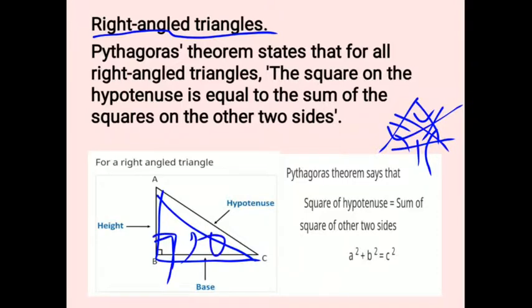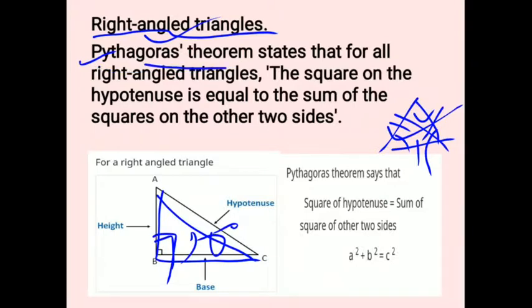Here it is 90 degrees. All right, so only in this type of triangle a new property will be applied, that is called Pythagoras theorem or Pythagoras property. All right, so let us have a look at what the Pythagoras theorem is.